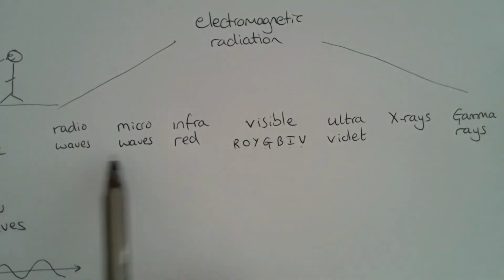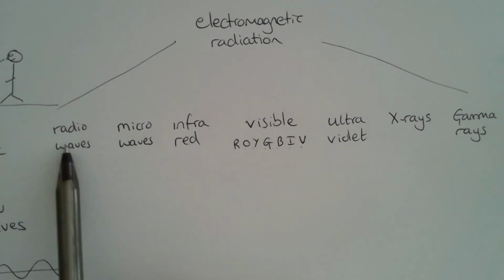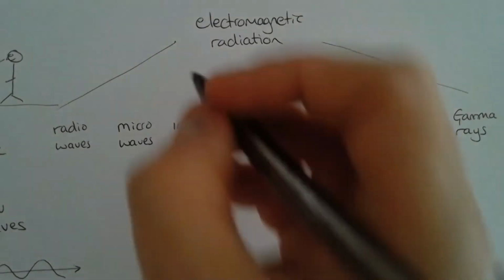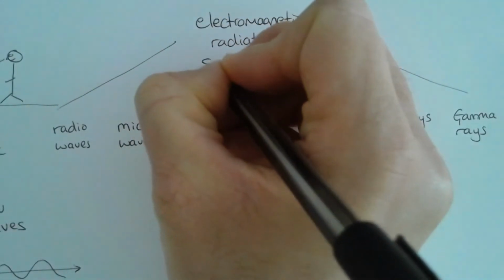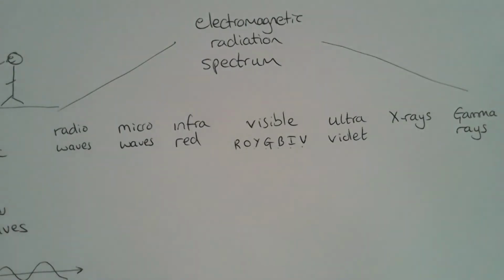Because there are 7 different types, all the way up from radio waves up to gamma rays, we call this a spectrum. So this is the spectrum of electromagnetic radiation.